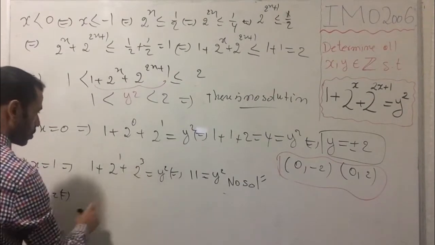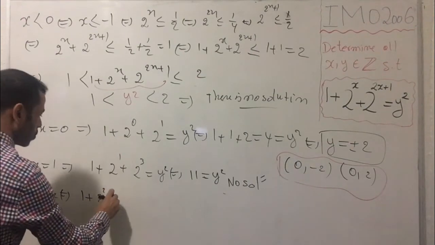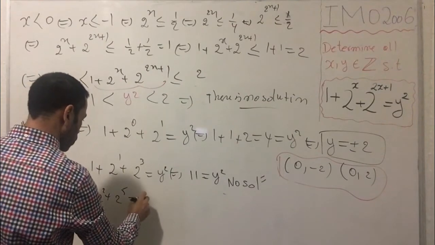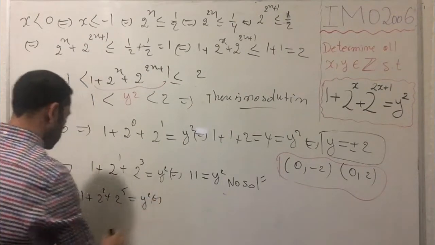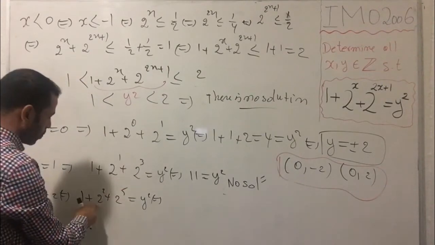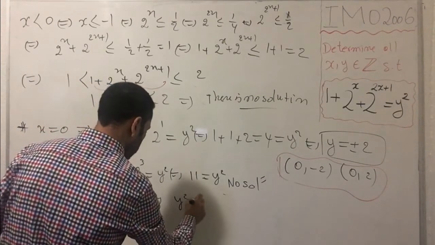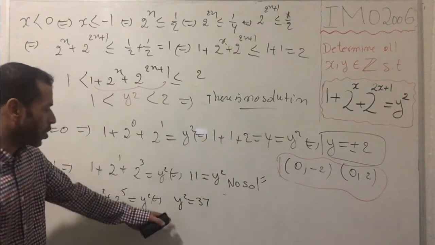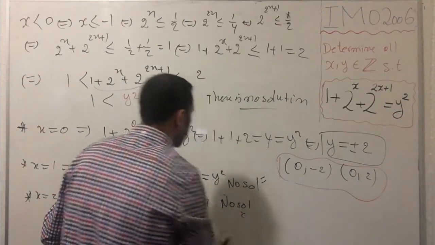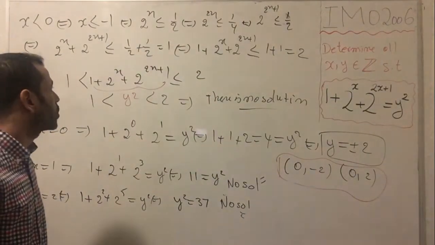This is 1 plus 2 squared plus 2 to the 5 equals y squared. 2 to the 5 is 32, 32 plus 4 is 36, plus 1 is 37, so y squared is 37. Since we don't have a perfect square here, there is no solution as well. Now let's clean up the board and move on to when x is greater than 2.